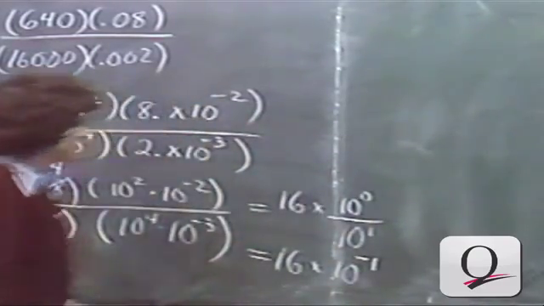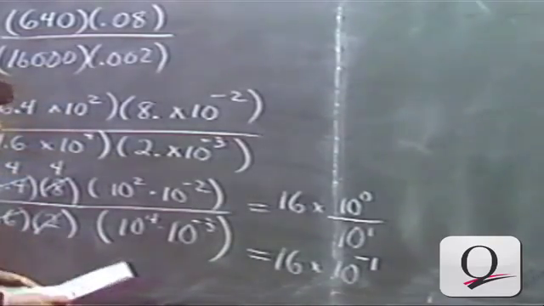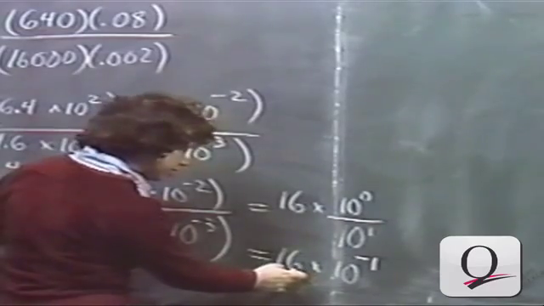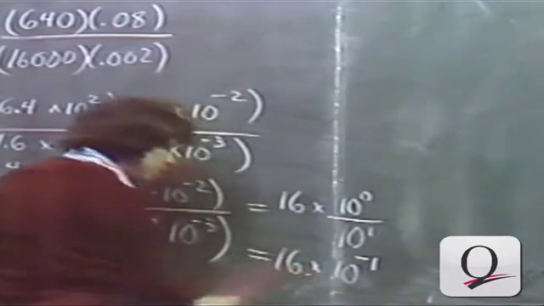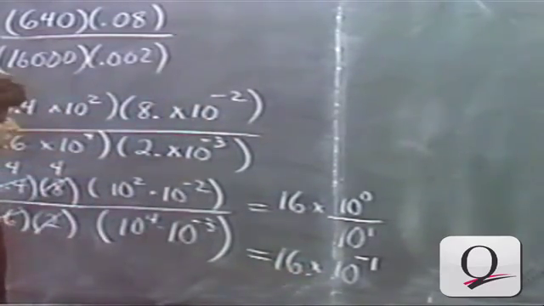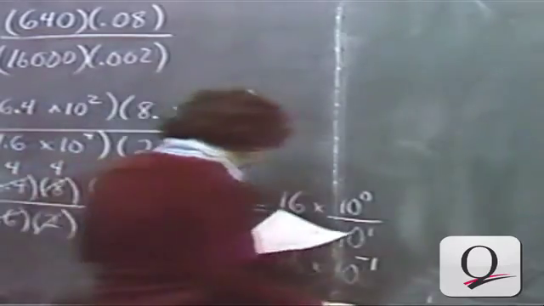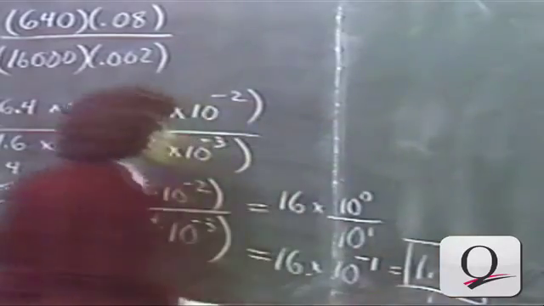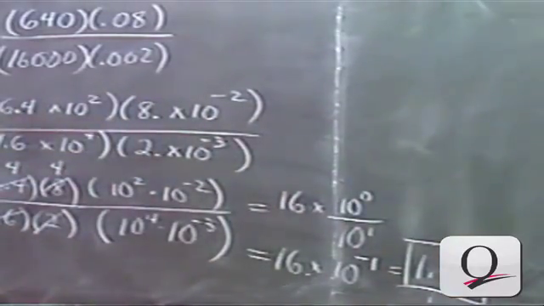We subtract. You get 16 times 10 to the minus 1. Okay, you can leave it like that, or, well, 16 point times 10 to the minus 1. Multiplying by 10 to the minus 1, we move the decimal one place to the left, giving us a final answer of 1.6. And that brings us to the end of this tape.